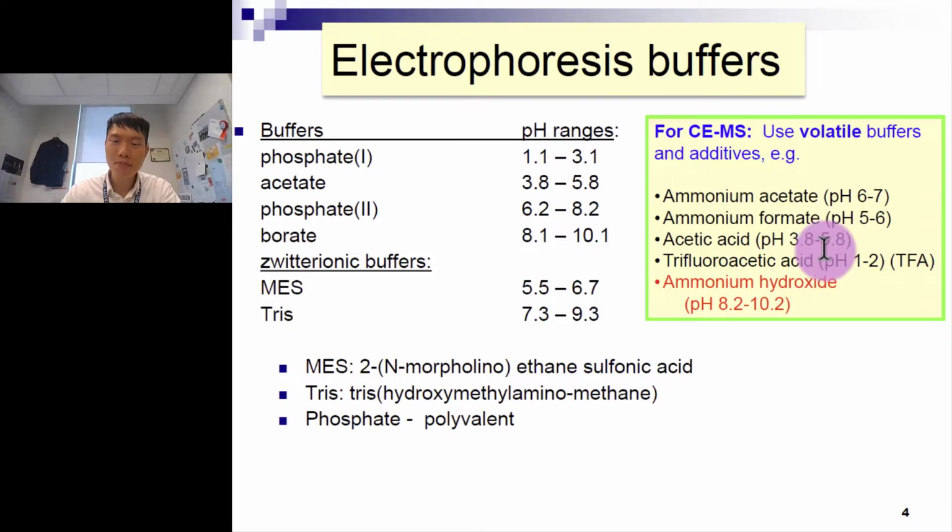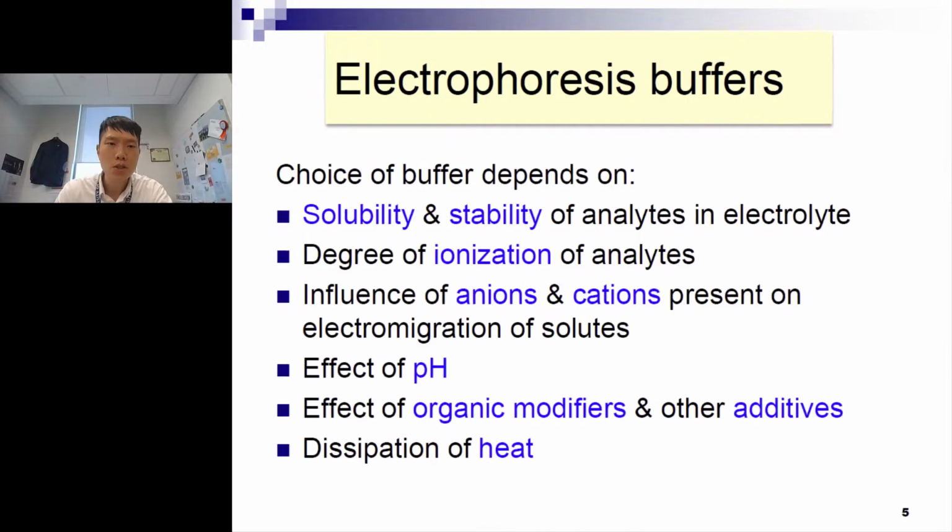To choose them, you look at the pH range you want your system to be in. As you can see here, for these two, they are pretty close, 5 to 6, 6 to 7, and it's all because of the conjugate base of the acid group, whether you have a formate or you have acetate.